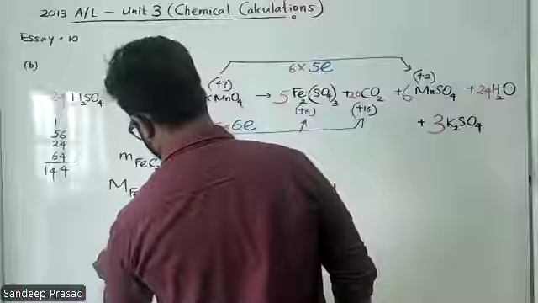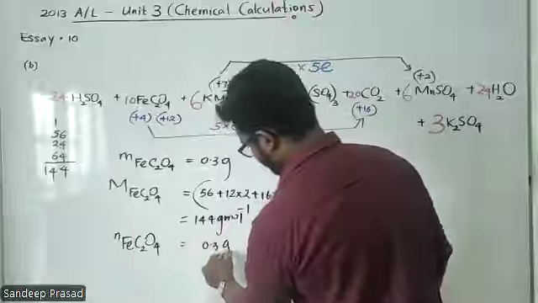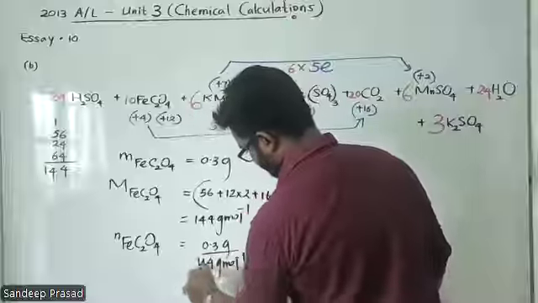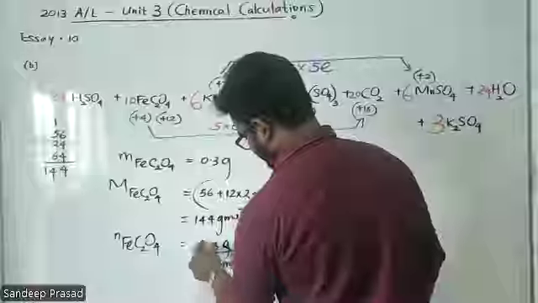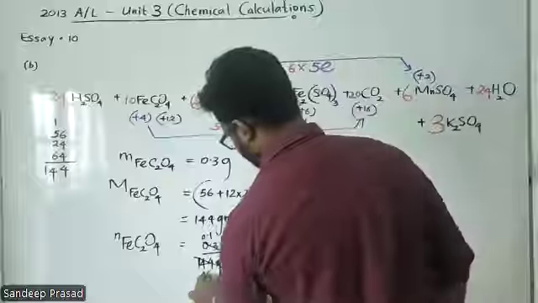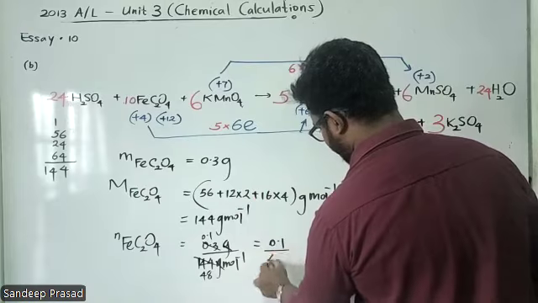Then number of moles of ferrous oxalate, 0.3 divided by 144 grams per mole. So this is divisible by 3, right? Therefore 0.1 divided by 48.